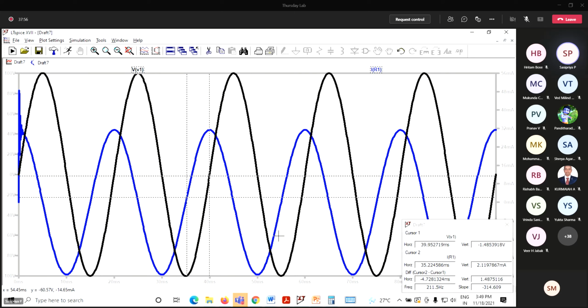And then for the circuit diagram, you have to draw all the 3 diagrams, and then in procedure, you have to write the step-by-step procedure only for one circuit. For the remaining 2 circuits, you can just attach the waveforms and the schematic.